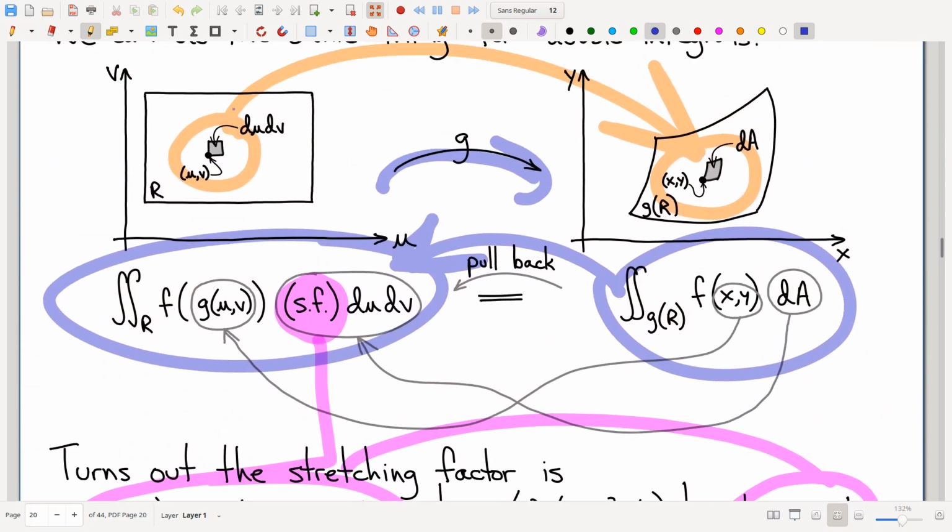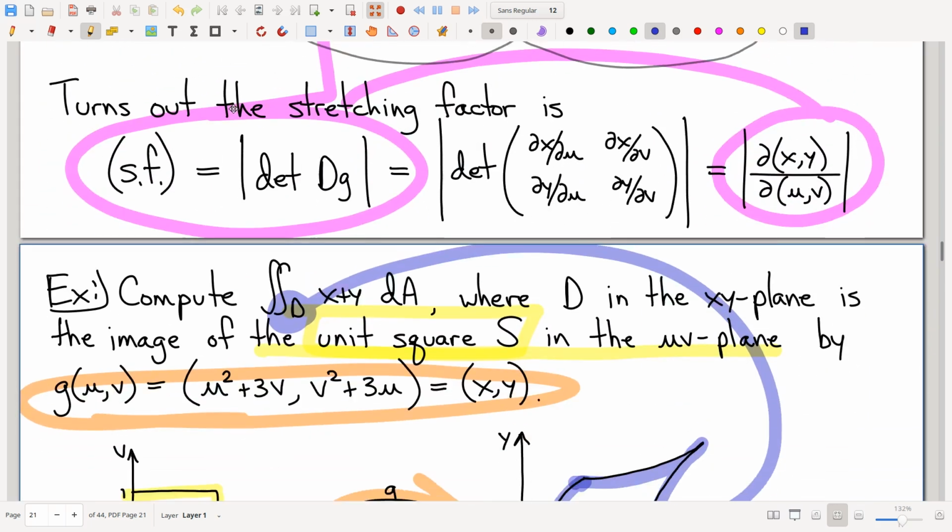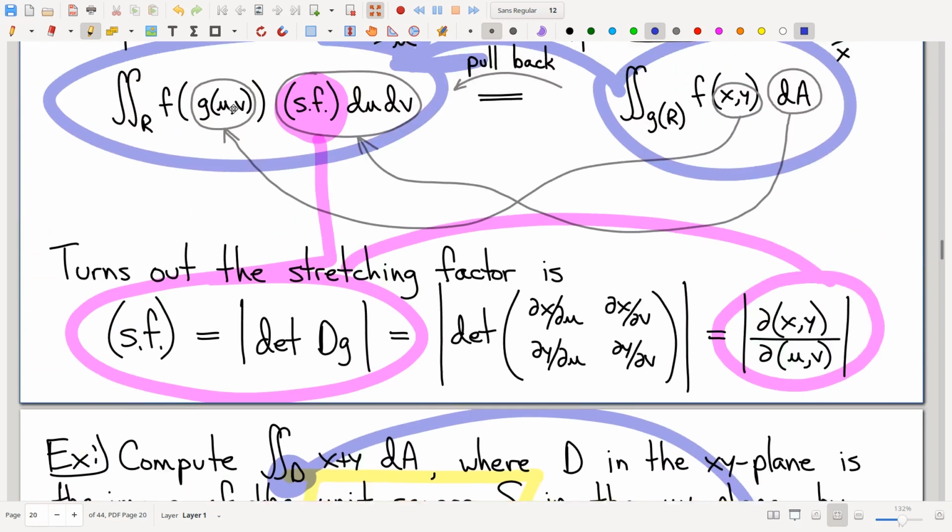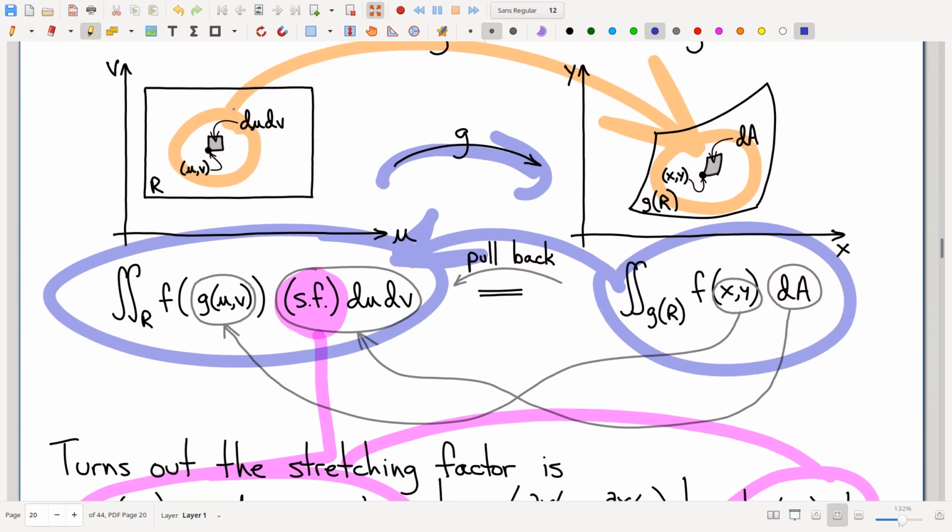This is called change of variables. Okay. So notice the very first thing you have to do if you want to do change of variables, you have some integral defined on some domain. If you want to be able to talk about a pullback, well, you need your domain to actually be the image of a new region that you know what it is, and by way of a function that you know what it is.